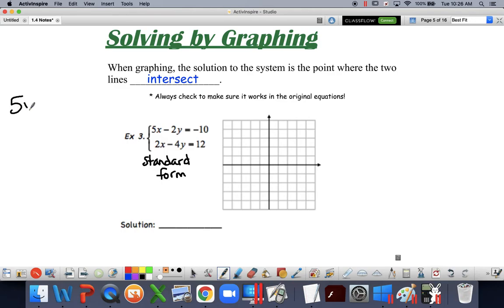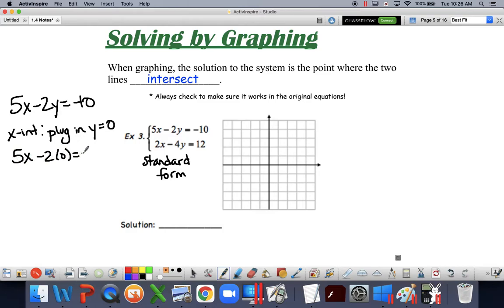So let's start with 5x minus 2y equals negative 10. If I want to find the x-intercept, and this is from our very first section that we did, I need to plug in y equals 0. So let's go ahead and do that. I get that my x-intercept is going to be at the coordinate point negative 2, 0.